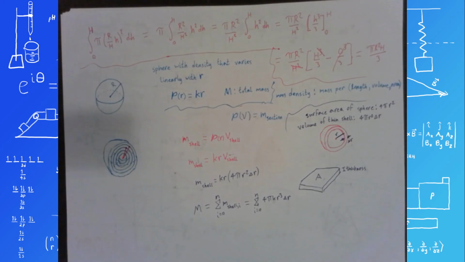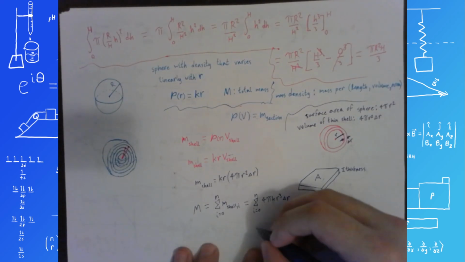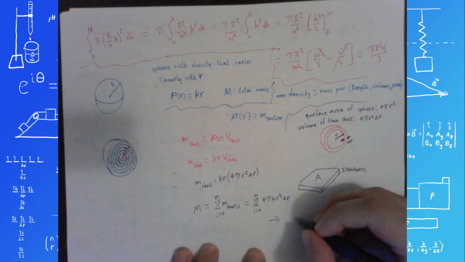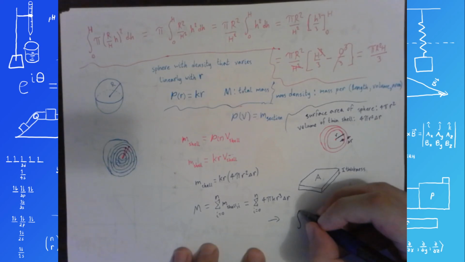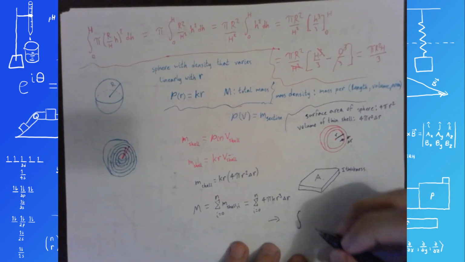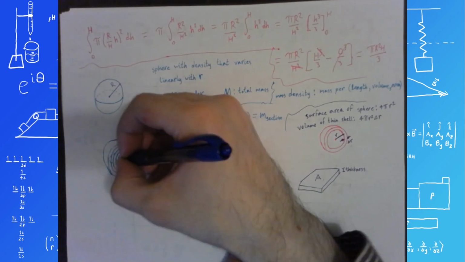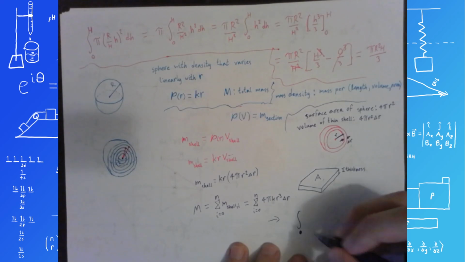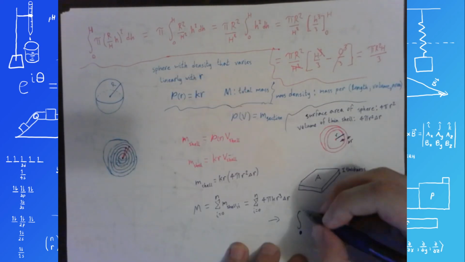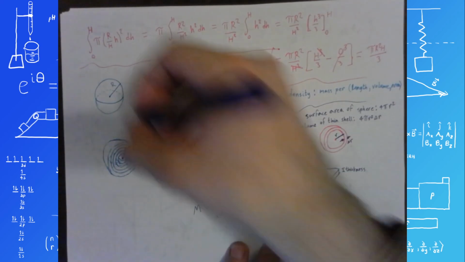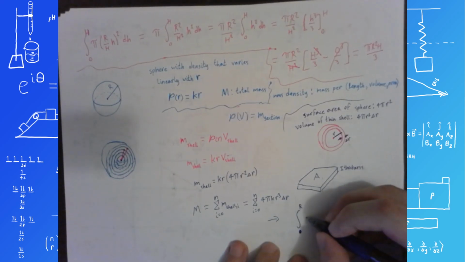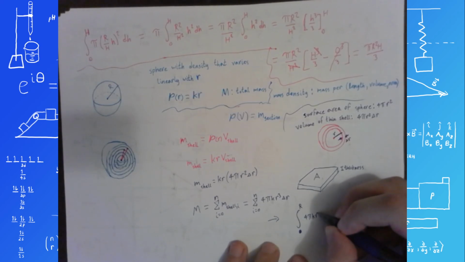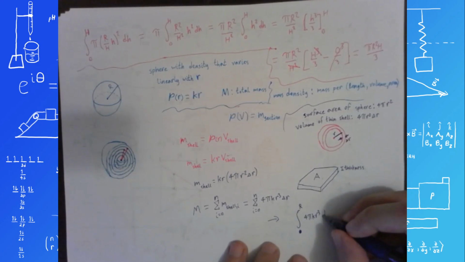And then if I took the limit as n approaches infinity of this sum, then I would end up getting the integral from the first shell of radius 0, the innermost shell, to the outermost shell, which would be at radius big R, the full radius of the sphere, of 4 pi k r cubed, and then my delta r would just become a dr.